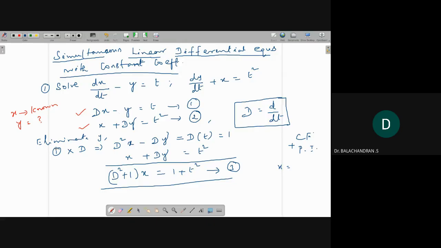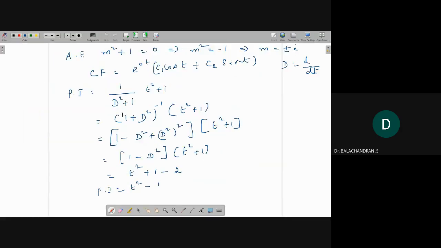Method 2 is, here you eliminate y. Similarly, you can eliminate x also. Suppose you want to eliminate x, then you need to multiply the second equation by D and then subtract it. You can find a second order differential equation in y, but you can't choose the same constants C1, C2.